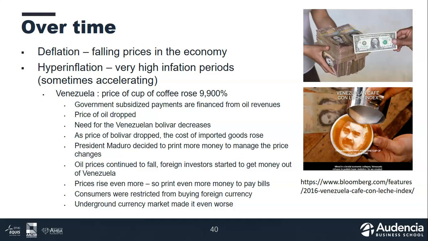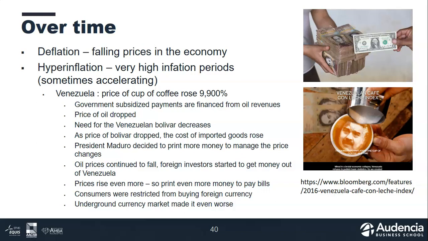The government of Venezuela subsidized payments to citizens to have a better life, and these were financed from oil revenues, as Venezuela is an oil-rich nation. Well, in the near past, the price of oil started to drop.